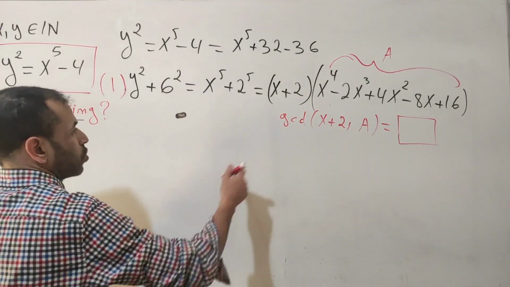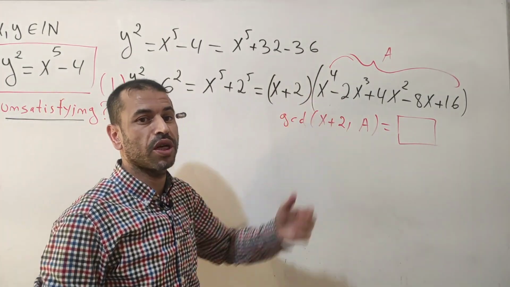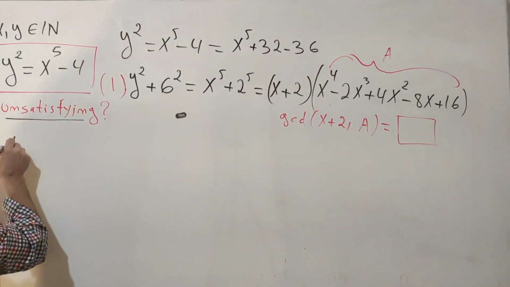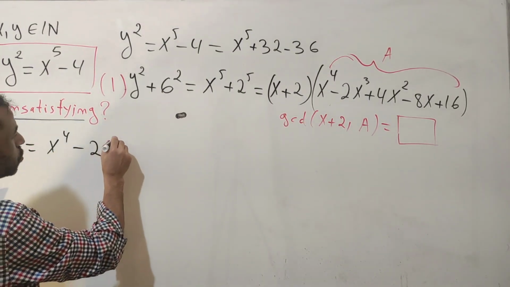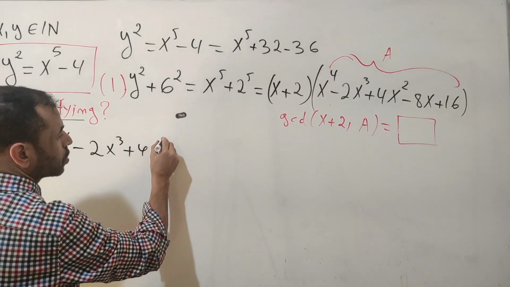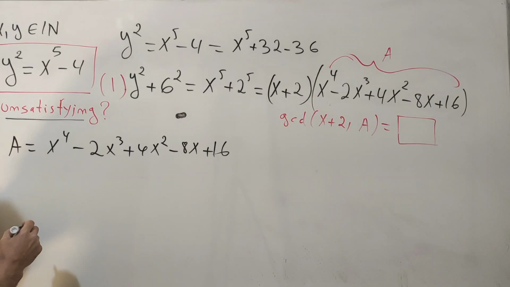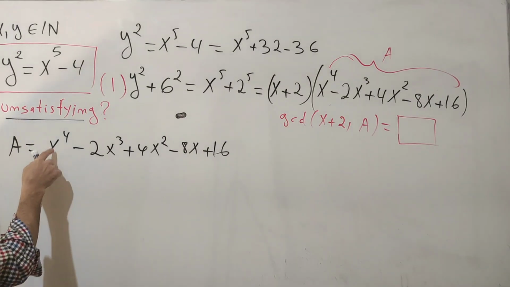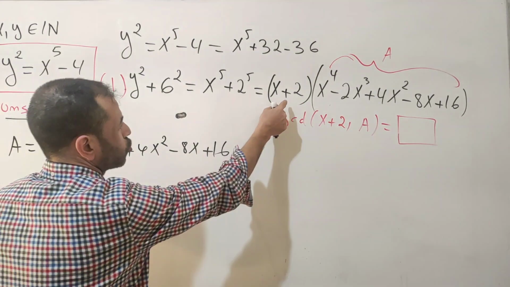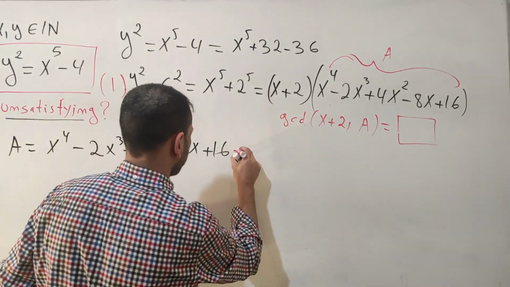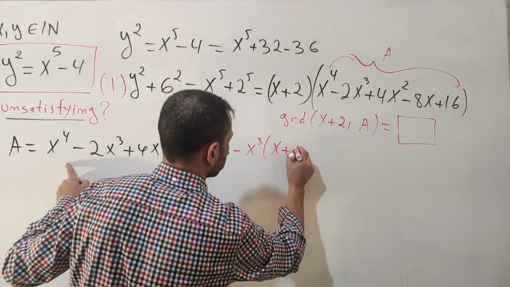Let's work just on the capital A. We don't care about the other factor; they will have the same GCD at the end. So capital A equals x to the fourth minus 2x cubed plus 4x squared minus 8x plus 16. First step, I'm going to get rid of the x to the fourth. How? I'm going to subtract a multiple of x plus 2, which is x cubed times (x plus 2).